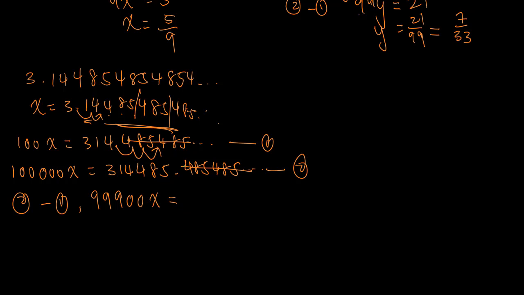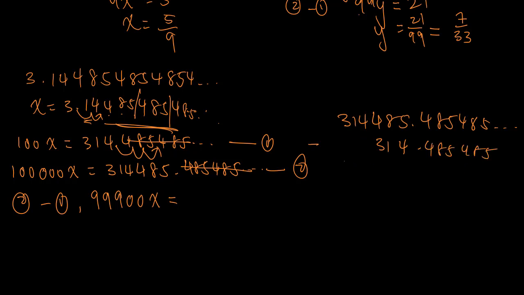And on the right, we will have 314,485.485485 minus 314.485485. Cancel off all this, we have 0, 0, 0, and here we will have 314,171.